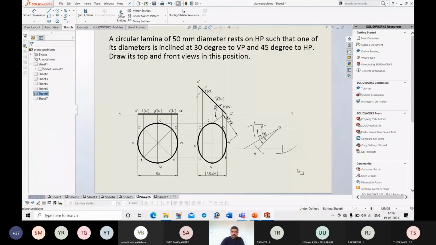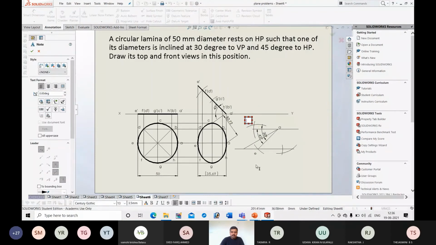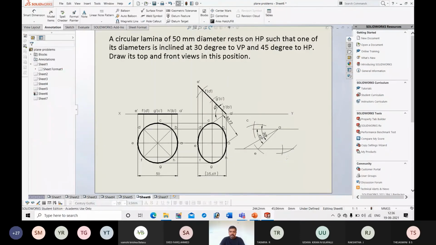I will draw an arc. Next, connect the points. So this is point C and this is point G. Now we have four points: G, A, C, E.